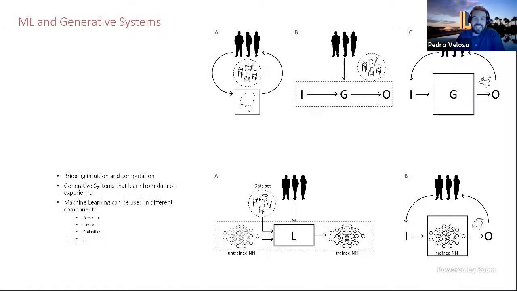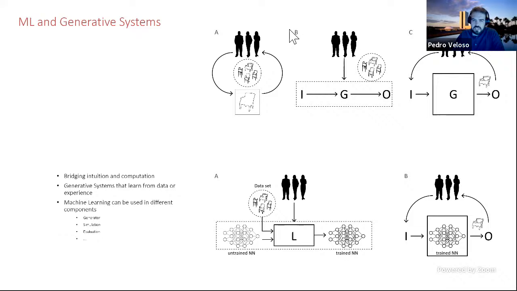Yeah, that's correct. So basically what I want to show here, I don't want to be very technical about deep learning, machine learning, and all that. I want you to have a clear concept about generative systems, generative design.